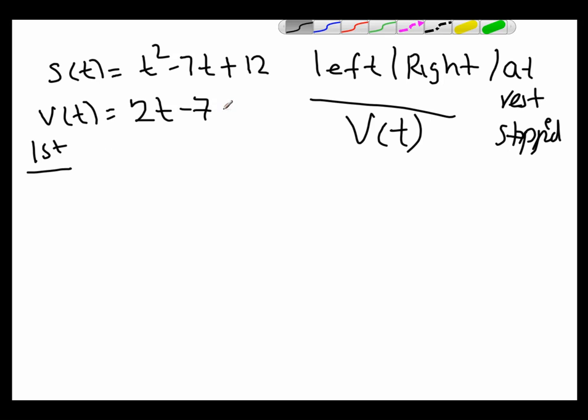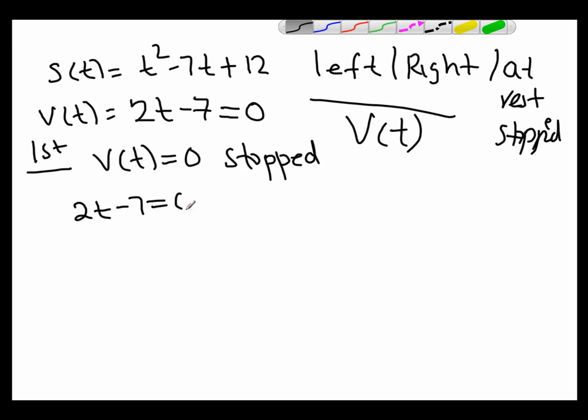So set the velocity function equal to 0. V of t equals 0, so I want to know when it has stopped. So 2t minus 7 equals 0, so 2t equals 7, so t equals 7 over 2, or 3.5 seconds, when the object has stopped.